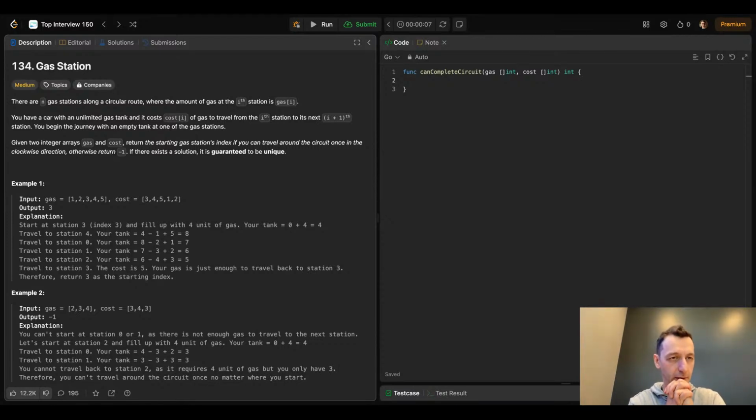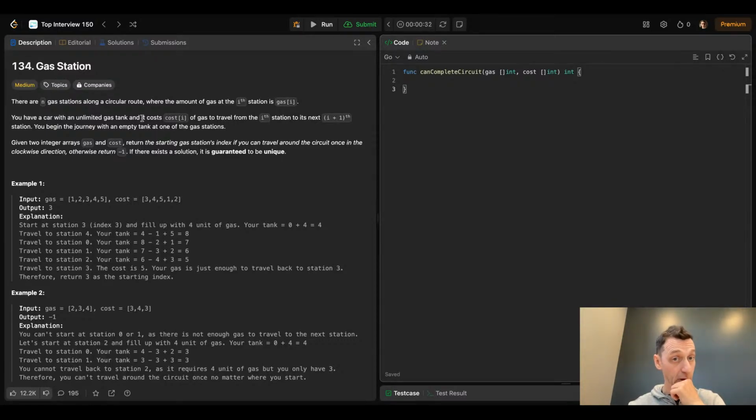So there are n gas stations along a circular route, where the amount of gas at the ith station is gas[i]. Okay, we have a circular route. You have a car with an unlimited gas tank.